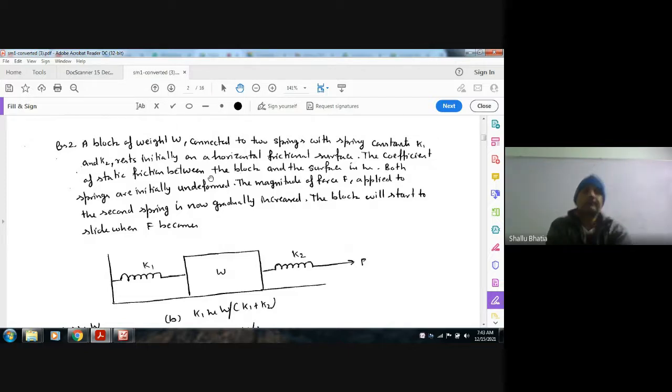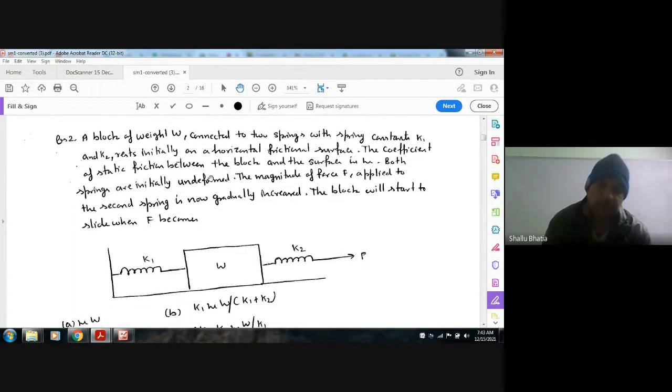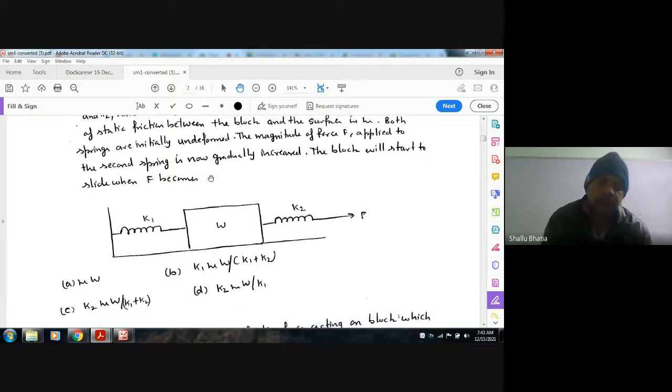The block will start to slide when F becomes: option A, mu W; option B, K mu W divided by K1 plus K2; option C, K2 mu W divided by K1 plus K2; option D, K2 mu W divided by K1.